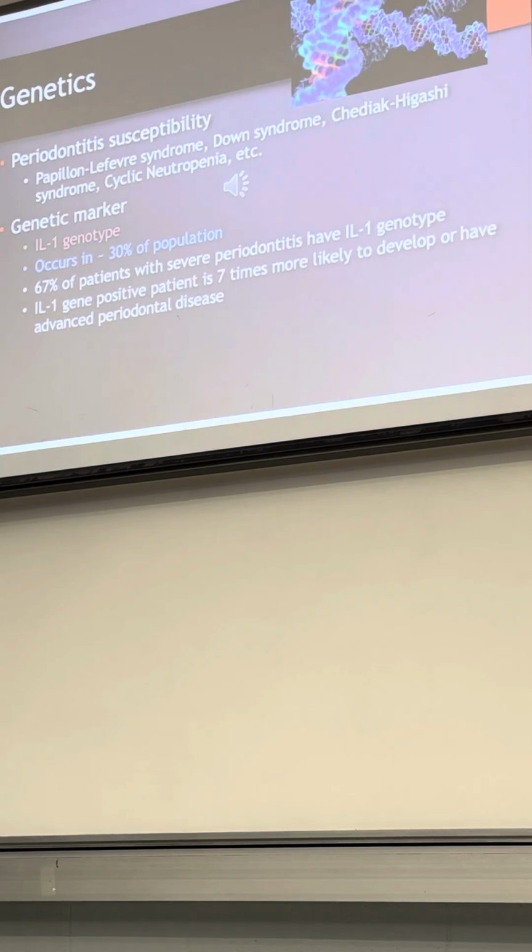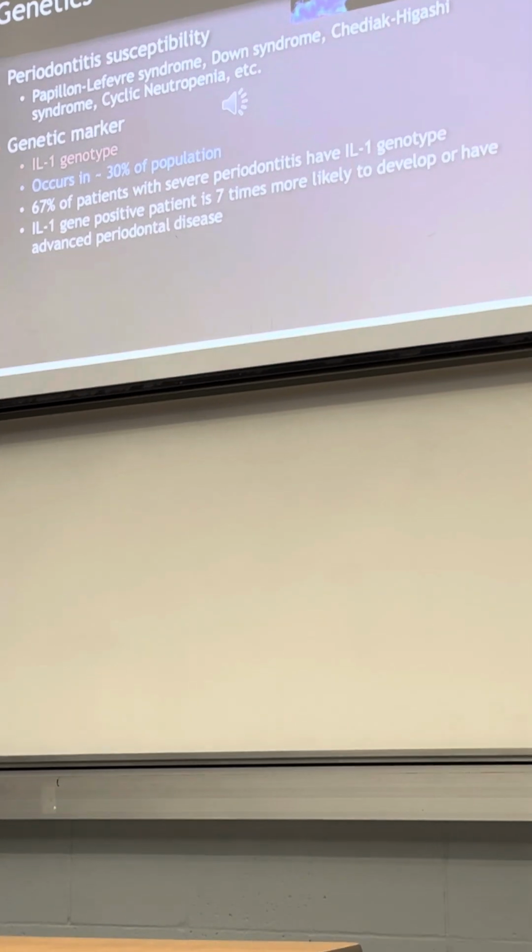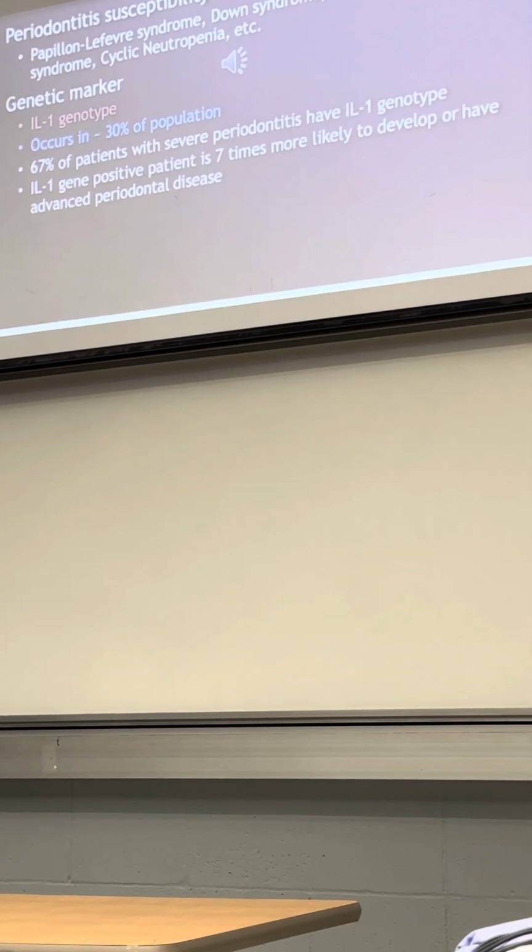Genetics, we talked a little bit about genetics in Perio 1, but periodontitis susceptibility, there are those different syndromes and conditions that if you have those, you are more likely to have disease. One that you probably will run into a few times during your career is Down syndrome patients. Those can be some super sweet patients, but they typically do have more periodontitis susceptibility.